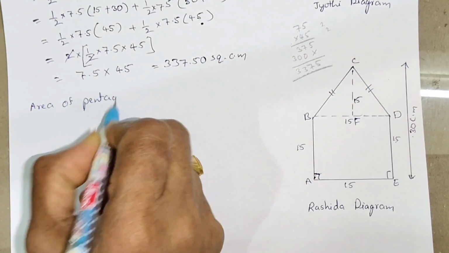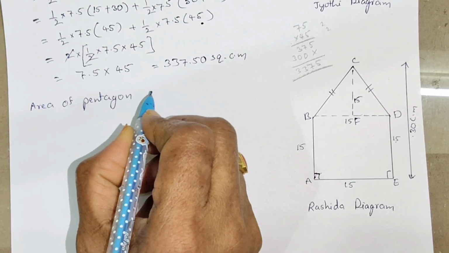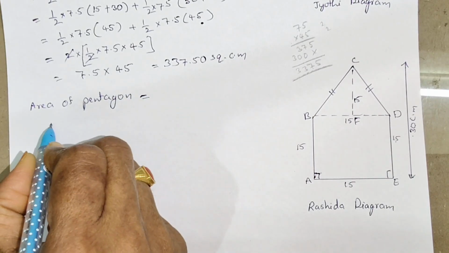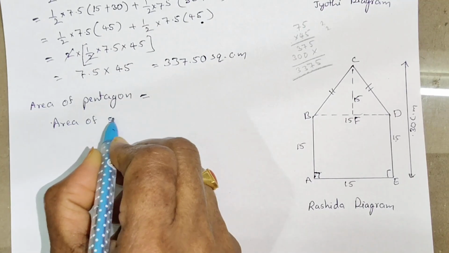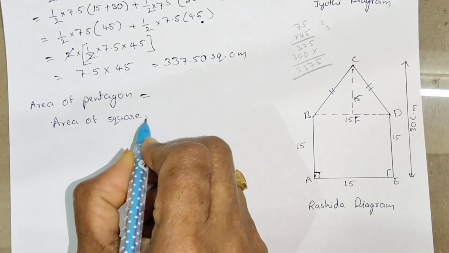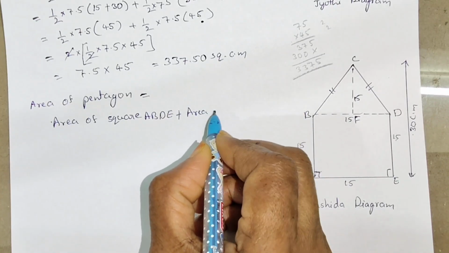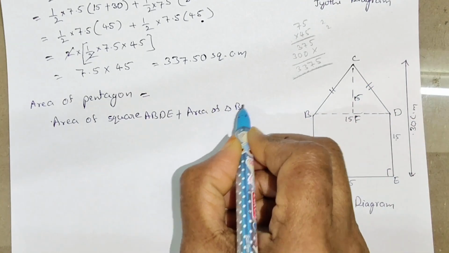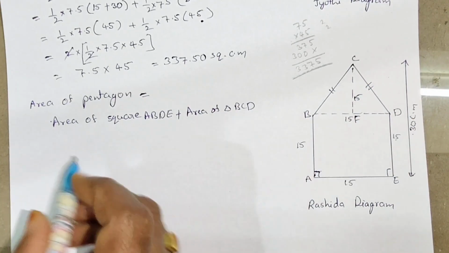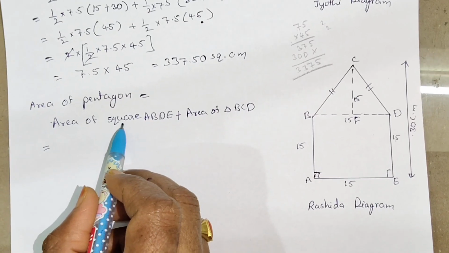The area of the pentagon is equal to the area of square ABDE plus the area of triangle BCD. Now we find these two areas. The area of a square is side into side.